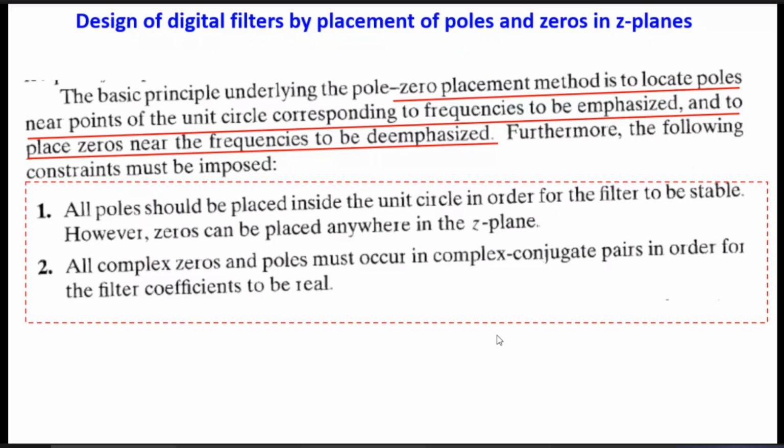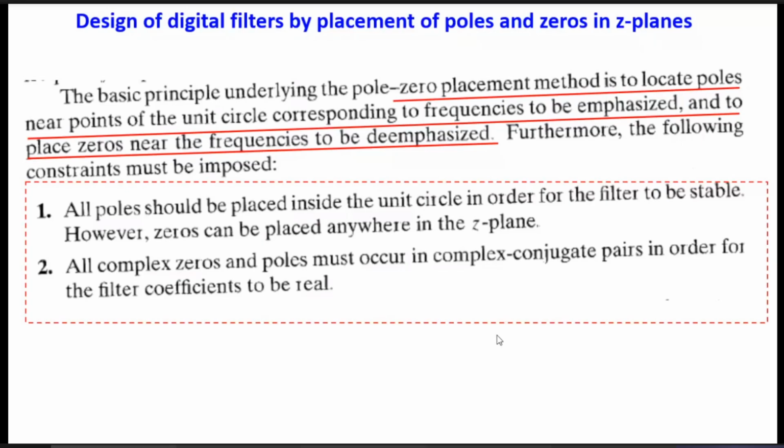Poles make a transfer function or any function high. A transfer function is numerator by denominator. Denominator corresponds to poles, numerator corresponds to zeros. If the denominator is zero, that means the system function is high.